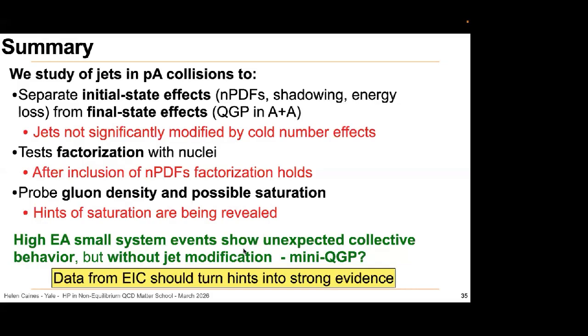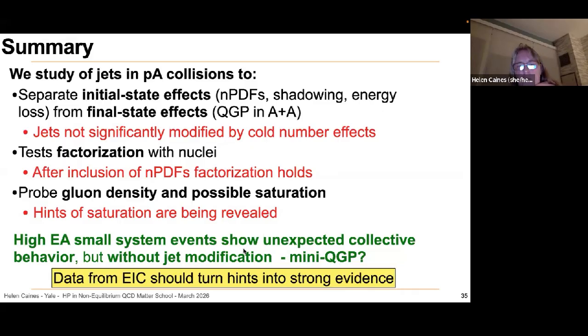Nice talk. So I have a question regarding the cold nuclear matter effect that you talked about. In one of the slides you showed the jet modifications only taking the cold nuclear matter effects.